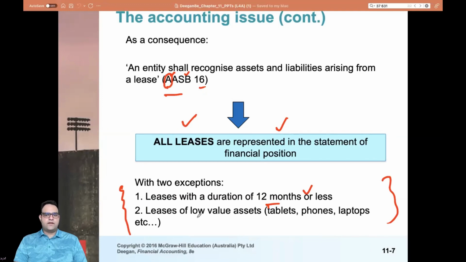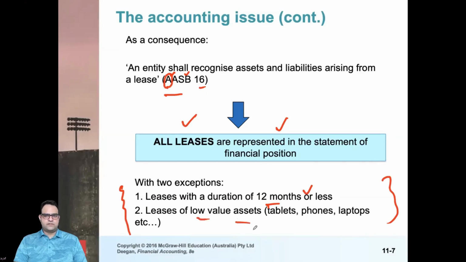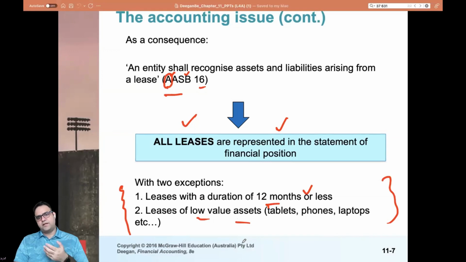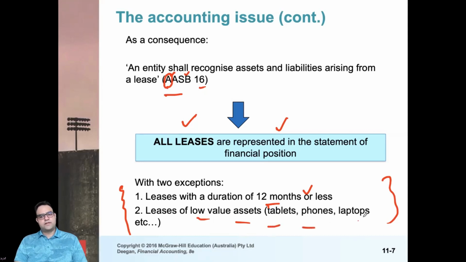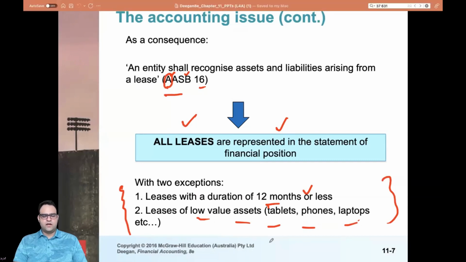Another is if the value of the asset is too low, like a mobile phone or a laptop on lease, less than maybe 5,000 Aussie dollars. That cannot be considered a lease agreement. It's more like an expense for the year. We will come to this and do all the general entries for that as well.